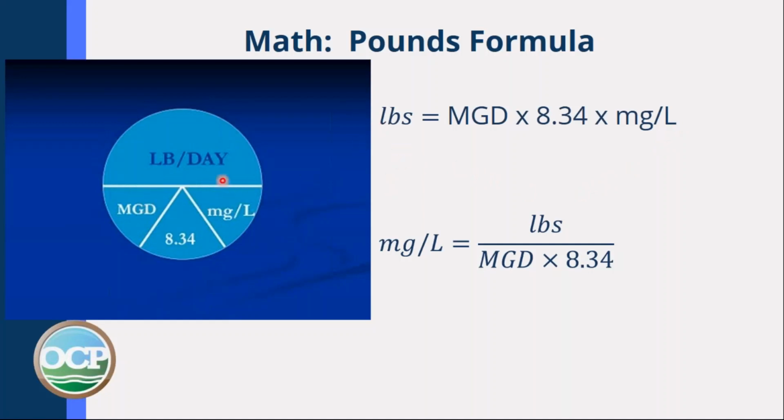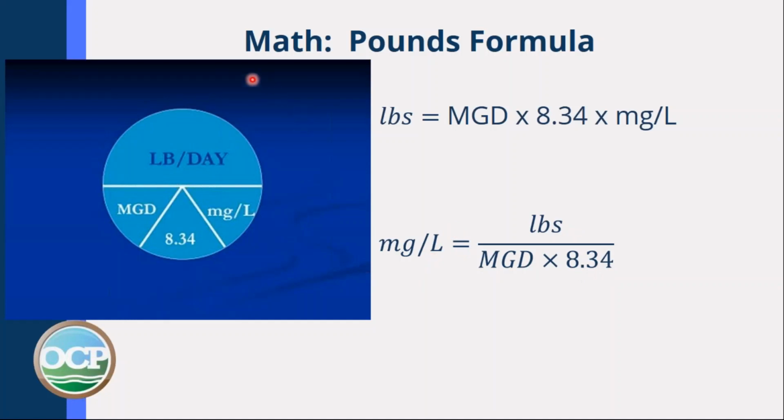You can look at this formula. This same pie chart will allow you to develop this formula, where the concentration or dose equals the pounds divided by million gallons per day times 8.34.